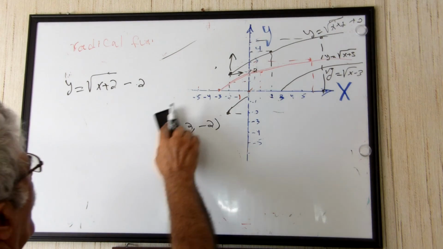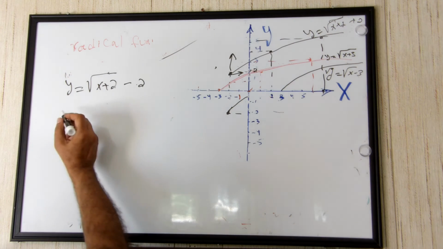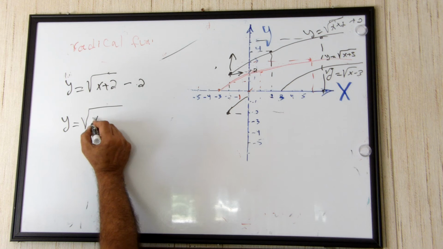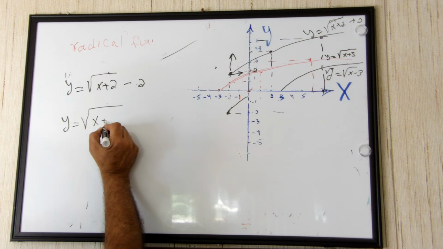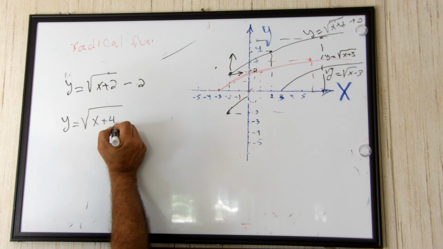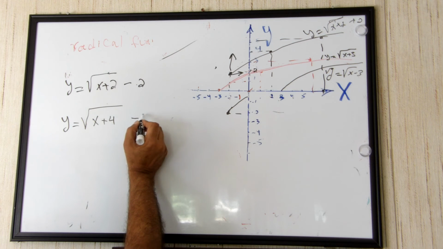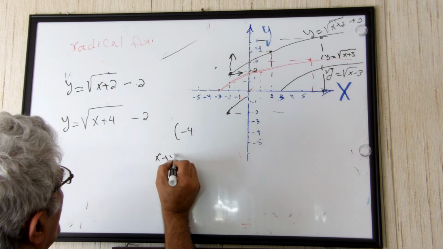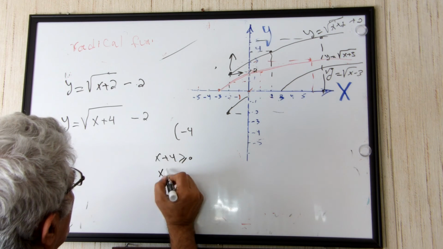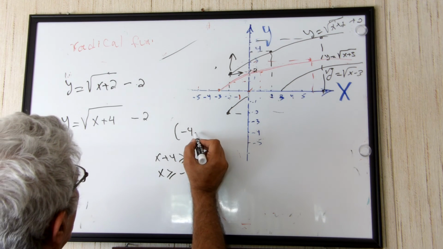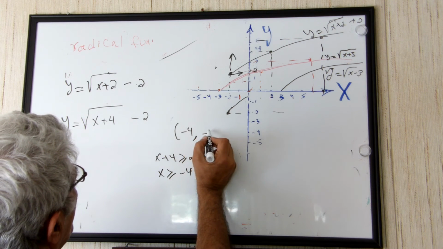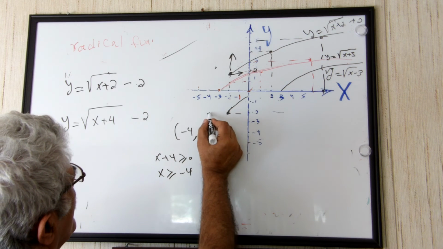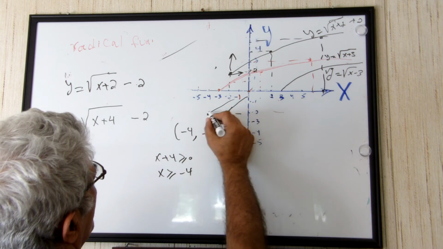So y is equal to the square root of x plus 4, minus 2. Because x plus 4 is greater than or equal to 0, x is minus 4, so the point is going to be minus 4, minus 2. It's going to start from this point and go that way.